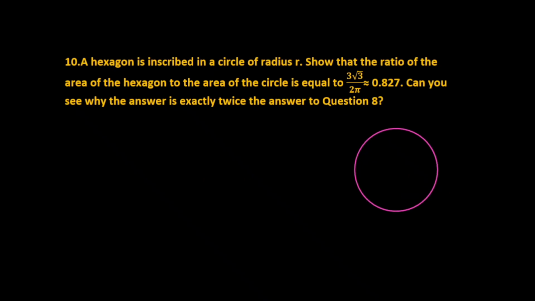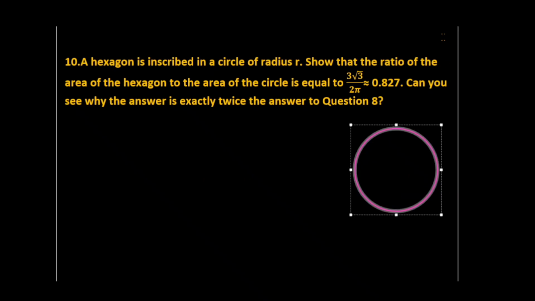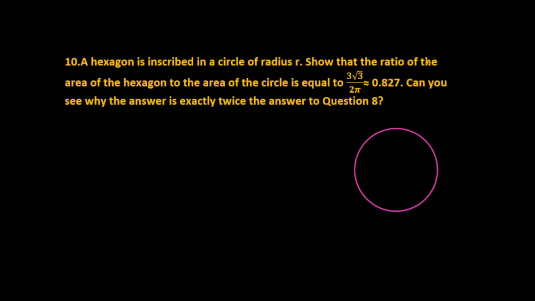So if we are considering this is our circle, hexagon, we know very well hexagon is nothing but 6 sides will be there for the hexagon. So we need to draw 6 vertices. 1, 2, 3, 4, 5, 6.